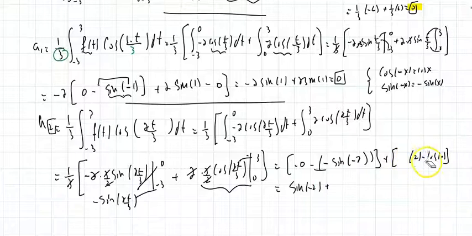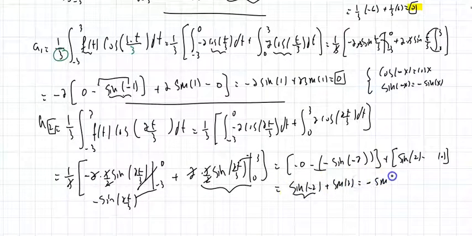You guys forgive me, right? That was the sine. The sine of 2, but we know this is an odd function, negative the sine of 2 plus the sine of 2. We're getting this to be 0.